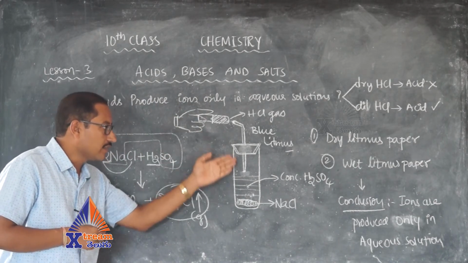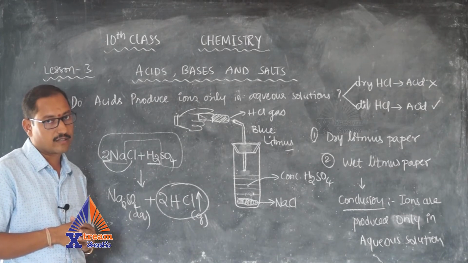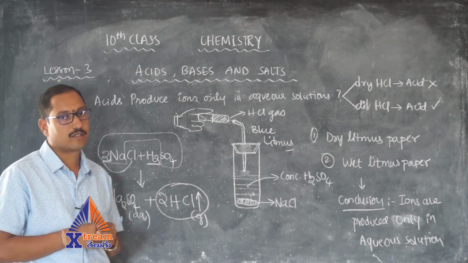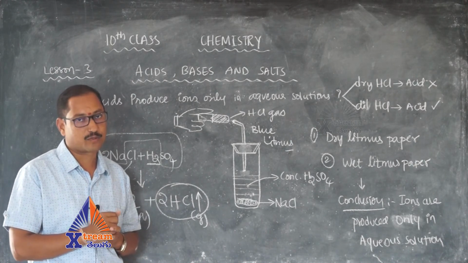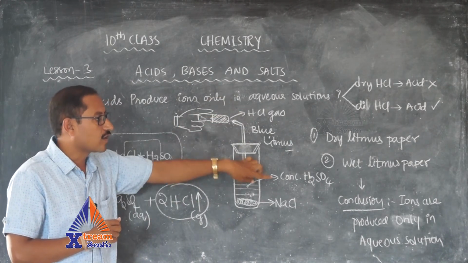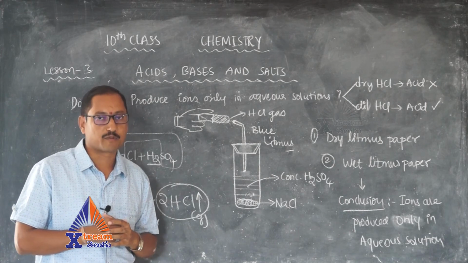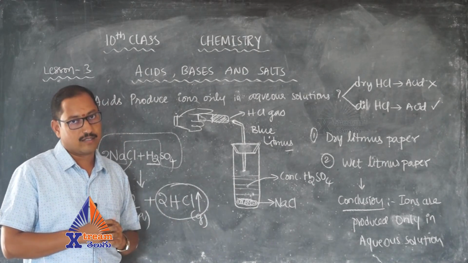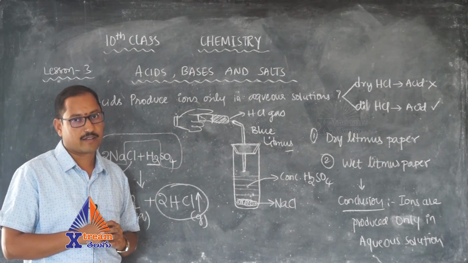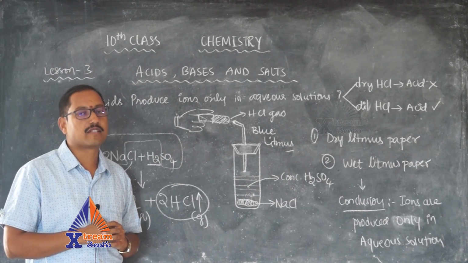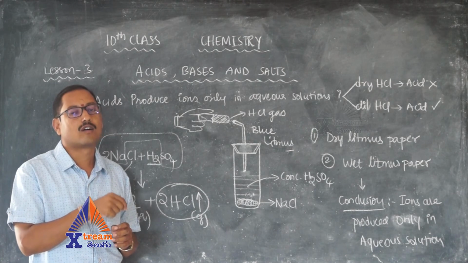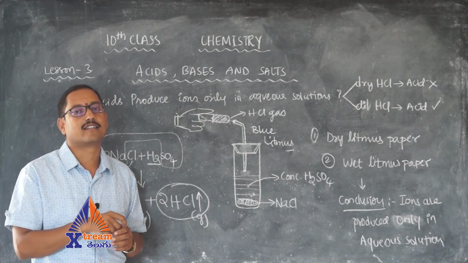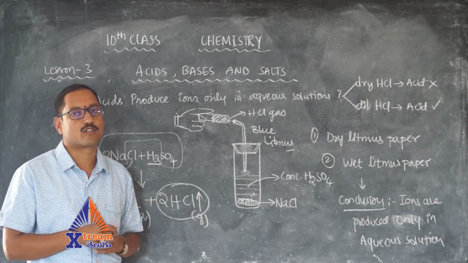While doing this experiment, you have to make sure that your hands are covered with gloves, so that whenever you are pouring concentrated H2SO4, that is sulfuric acid, into this test tube, if by mistake a few drops of acid fall onto your hand, your hand is not damaged.